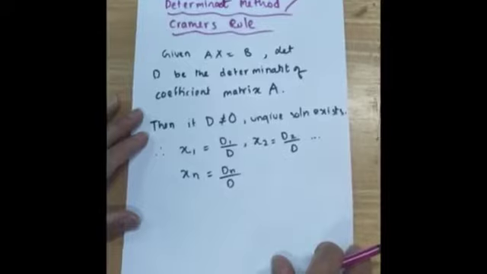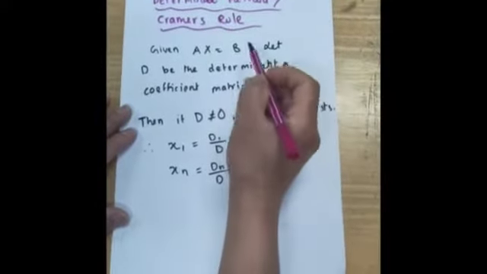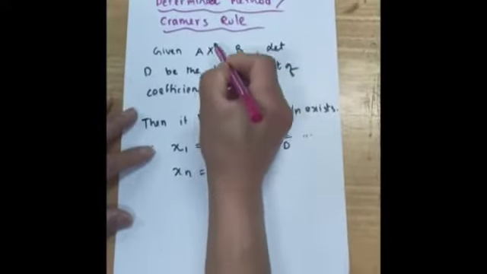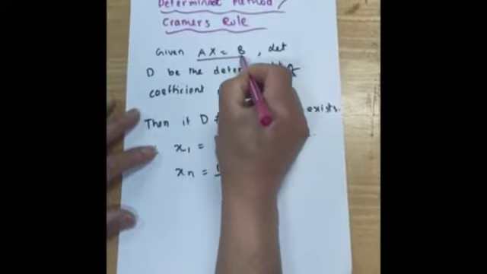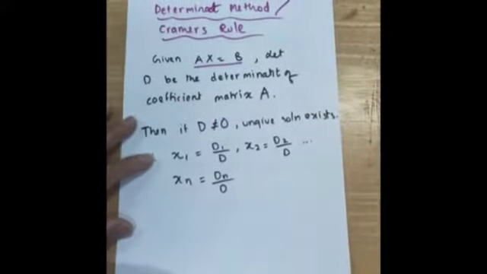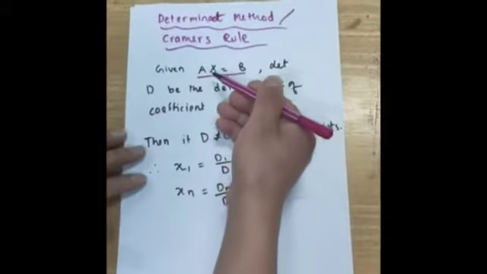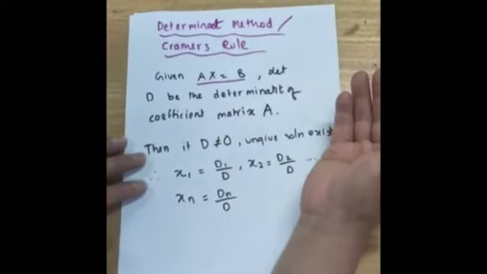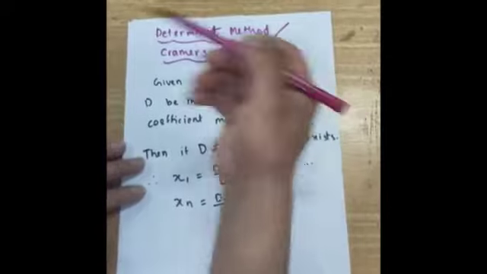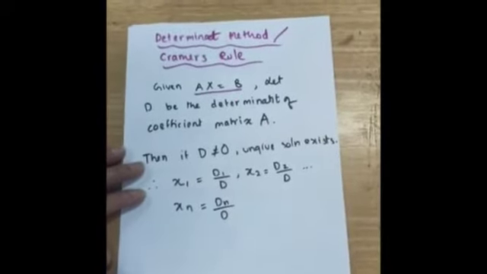For instance, if we are given the system of linear equations or matrix in the form of Ax equals to b, how do you find the solution using Cramer's rule or determinant method?